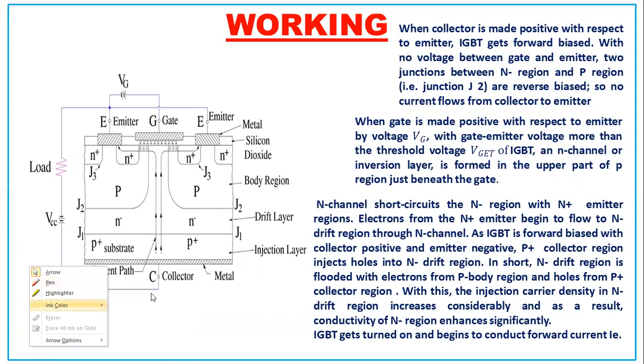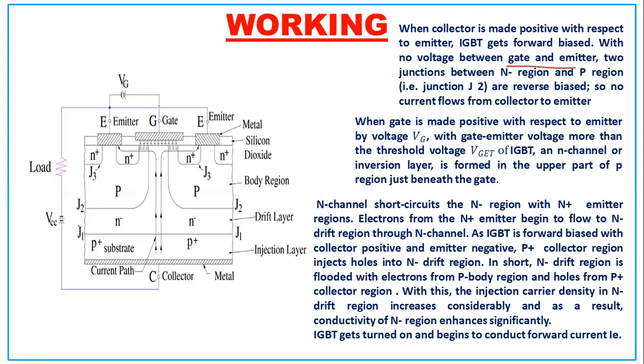When the collector is made positive with respect to the emitter, IGBT gets forward biased. So this is the collector. When it is made positive with respect to the emitter, this IGBT gets forward biased. The PN junction will get forward biased. With no voltage between gate and emitter, the two junctions between N minus region and P regions are reverse biased.